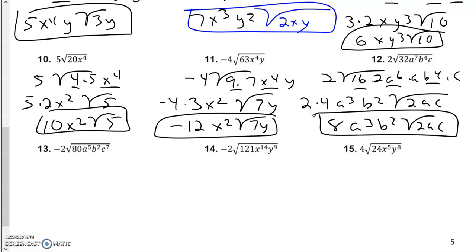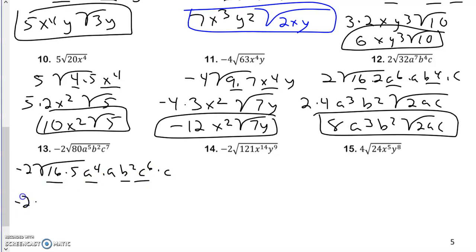Taking a look at the next one, I gotta find that biggest perfect square. And when I do, I notice it is going to be 16. 16 times 5, a to the 4th, a, b to the 2nd, c to the 6th, and c. Underline the ones that have even exponents.